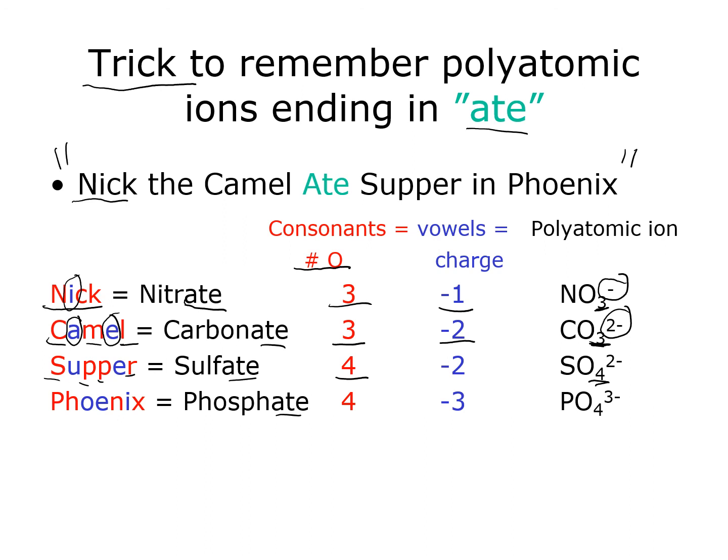And then we have 2 vowels, so our charge is -2. Phoenix has 4 consonants, so that means we have 4 oxygens as my subscript. And then I have 3 vowels, so I have a charge of -3. So I recommend learning this sentence to help you know these 4 polyatomic ions.